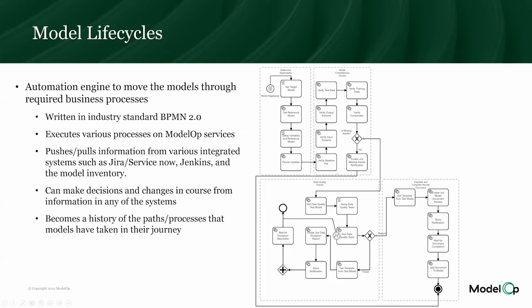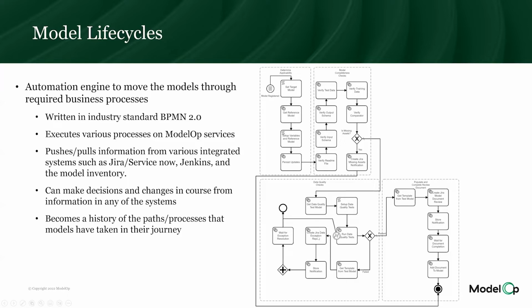For instance, in this exact diagram at the right, at this point in time, we can run some data quality analysis on the training data that was provided and make sure it passes a minimum criteria. And if it doesn't, we can go back and push what the issues were to a JIRA ticket, create a JIRA ticket for the developer to receive, and associate that back to the model.